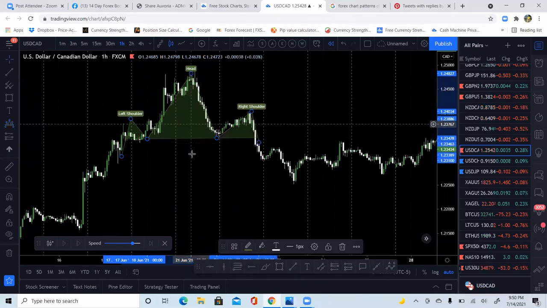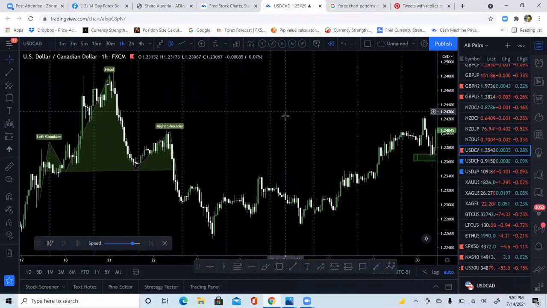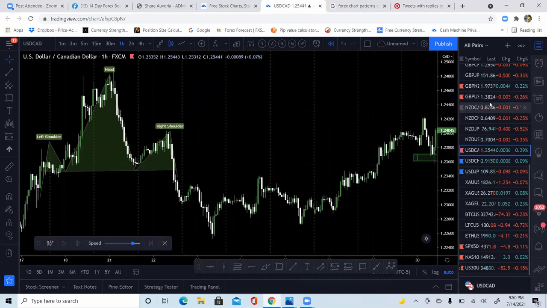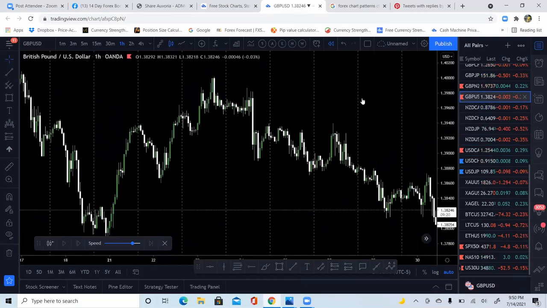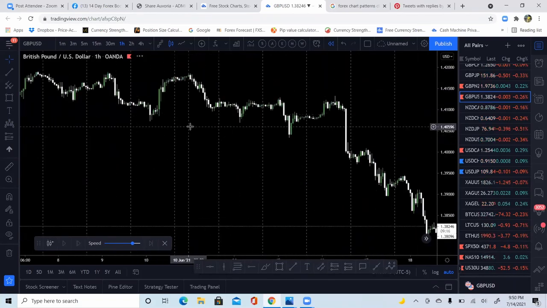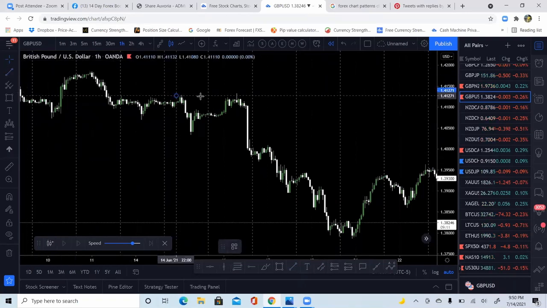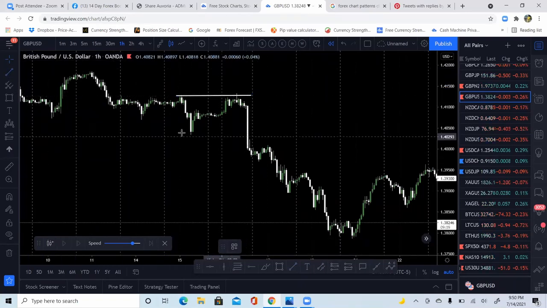That one I have noticed. European pairs would show a lot of flag patterns. That's something else that I noticed. And I think the Great British pair shows a lot of triangles or double tops and bottoms, M's and W's. So you see here, got your triangle there. I didn't really go over triangles.